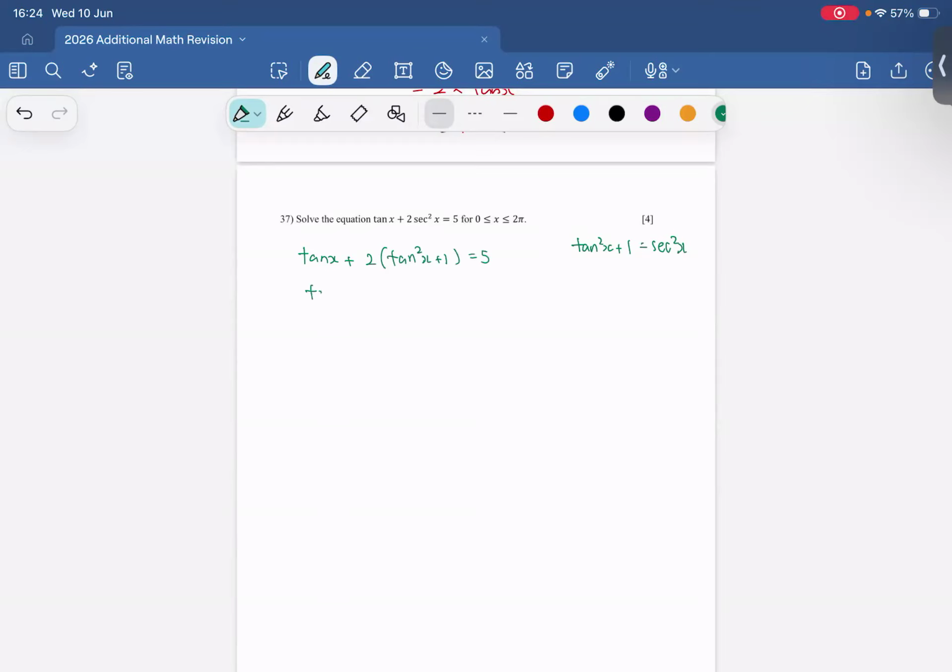So this is tangent x. Actually this is a quadratic equation. If you cannot see, you just let u be equal to tangent x. Then change everything, solve, change back. Remember when you solve, use your basic angle and quadrant to solve it.